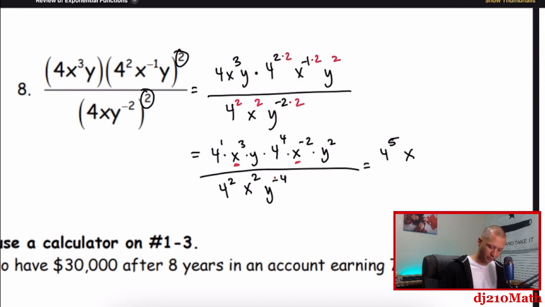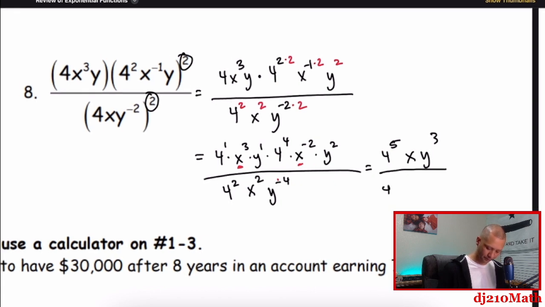And then y to the 1 times y squared, y cubed, all over x squared, and then the y to the negative 4, that can actually move up as a positive 4. So I have 5 4s on the top, 2 4s in the bottom.